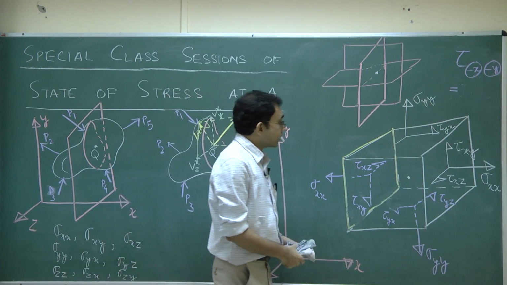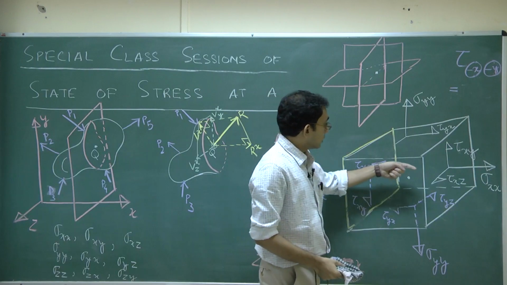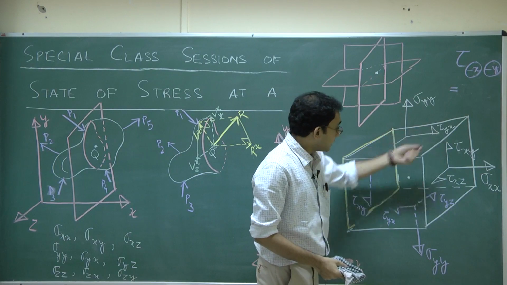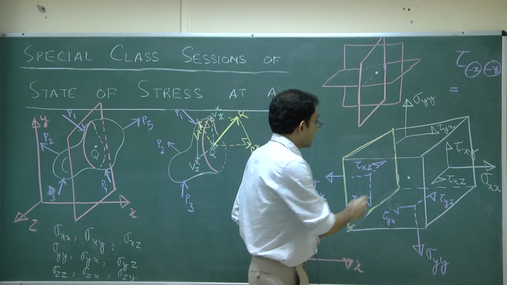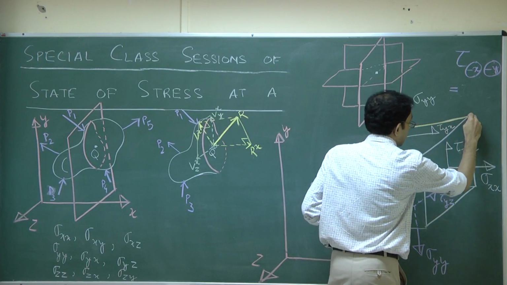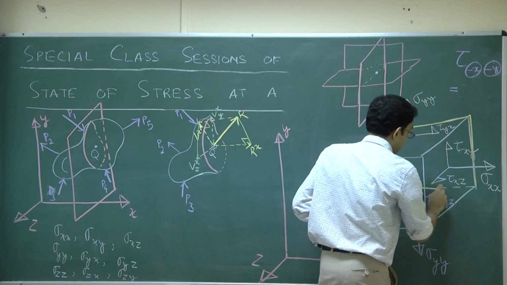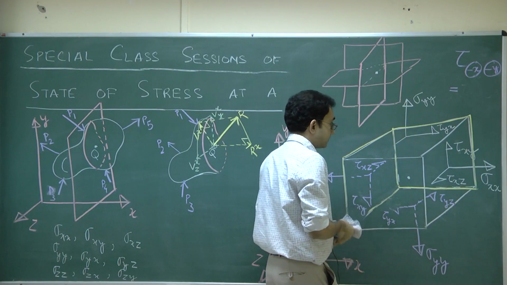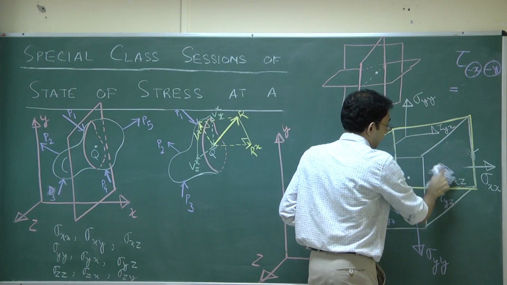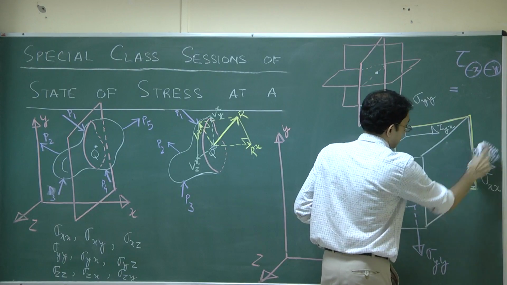And finally, for the surface which is behind it, to highlight it, I consider this plane and erase everything else to remove the clutter.